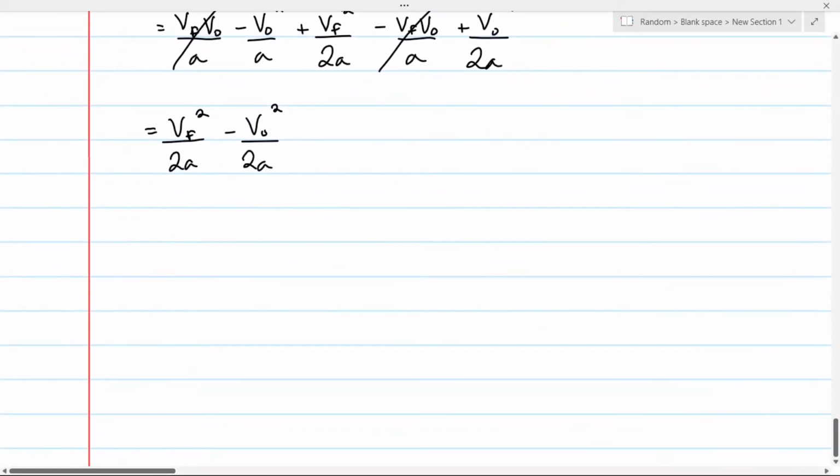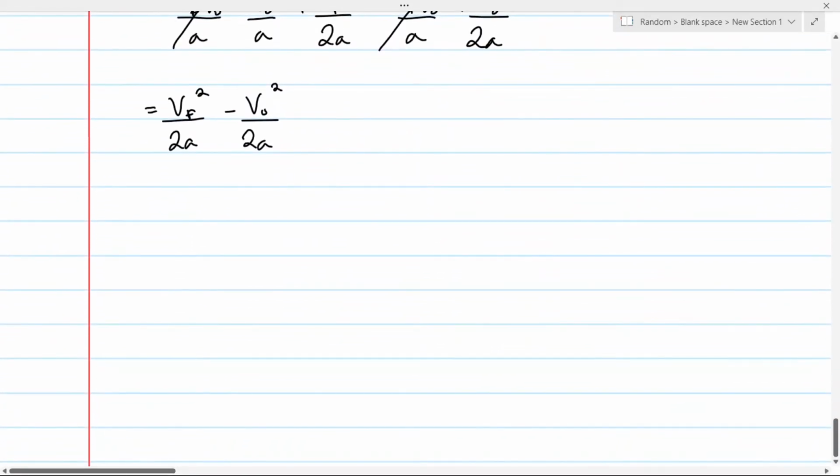Then I multiply both sides by 2a, and rearranging for the final velocity, we get the desired equation.